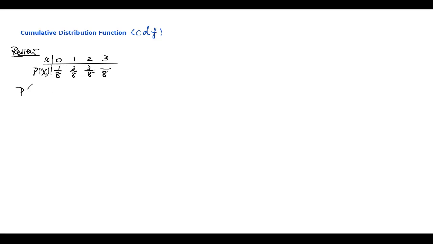The p(x) here, the whole thing, we call the probability distribution, because that's how the probability is distributed to the different values of the random variable. So the p(x) here we call the probability distribution function. Some people call it the probability density function.